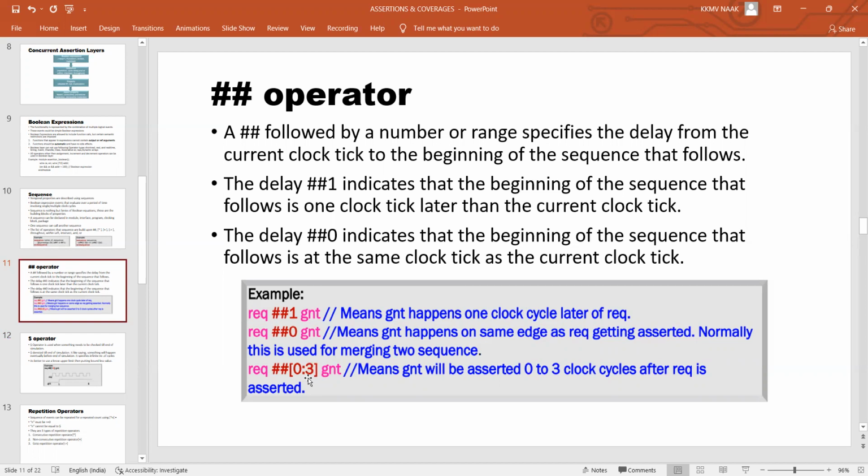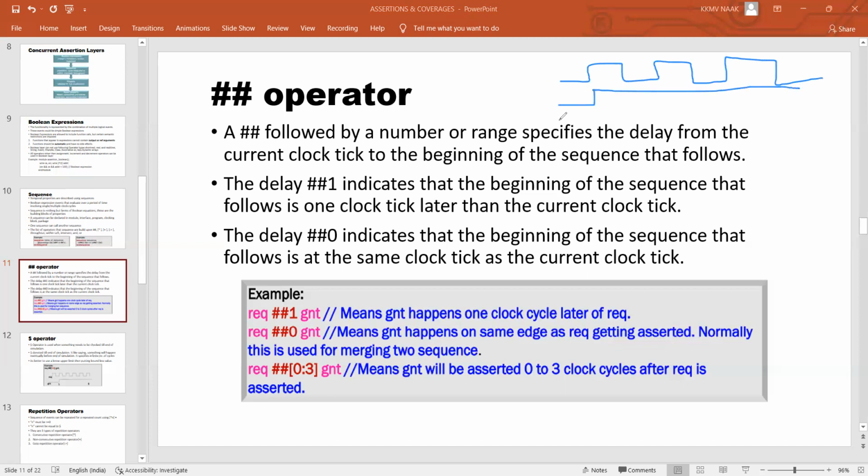Yes, ma'am, that's understood. But in this, the grant is high only after 3 clock cycles, right? No, grant will be asserted high from 0 to 3 clock cycles. In between 0 to 3 clock cycles, your grant will be high. Let's assume your request is asserted here.